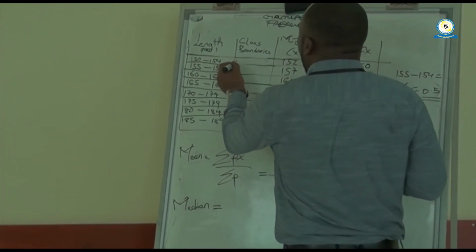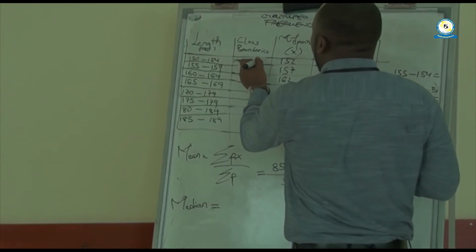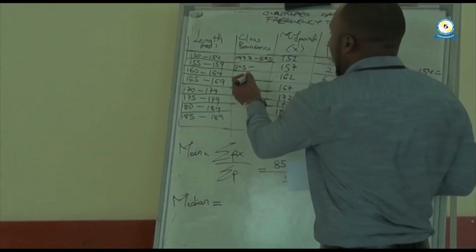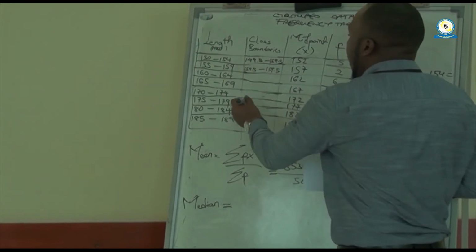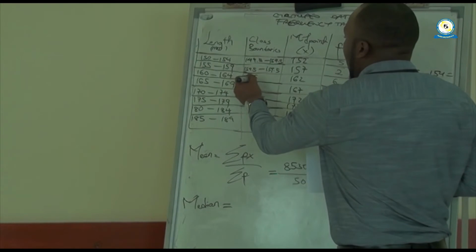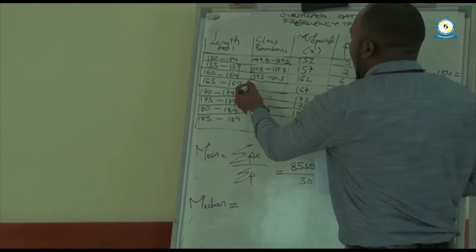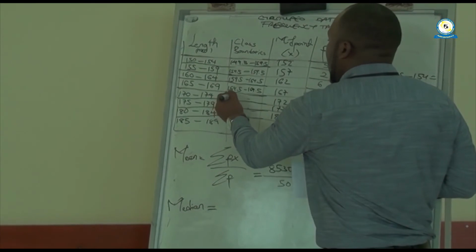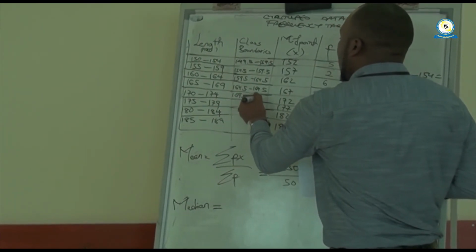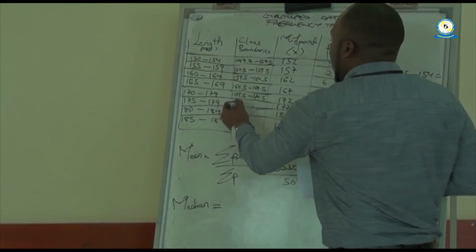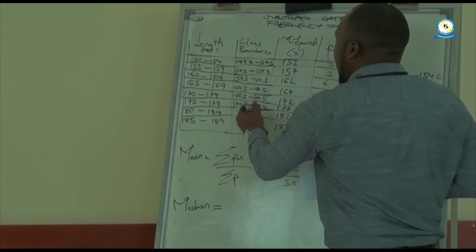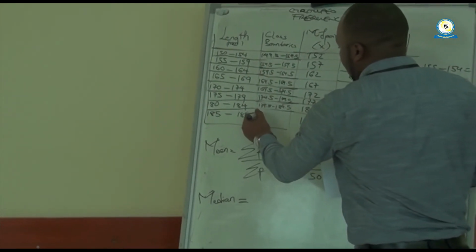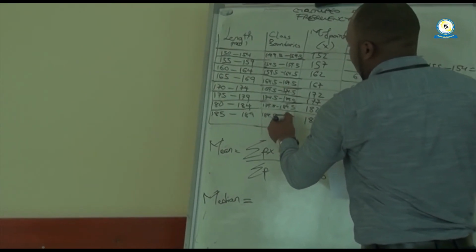So when you subtract here, you get 154.5 to 159.5, 159.5 to 164.5, 164.5 to 169.5, 169.5 to 174.5, 174.5 to 179.5, 179.5 to 184.5, 184.5 to 189.5.